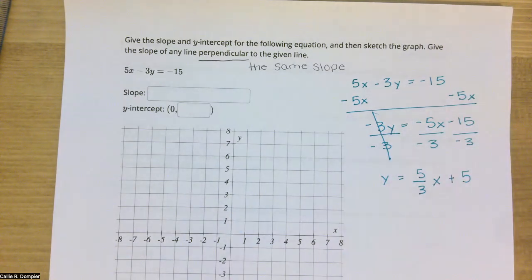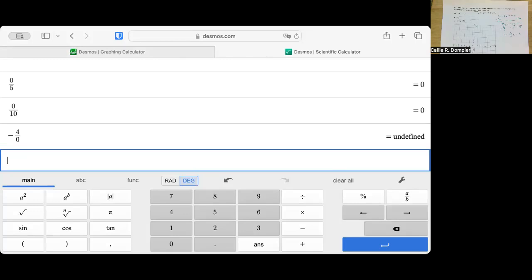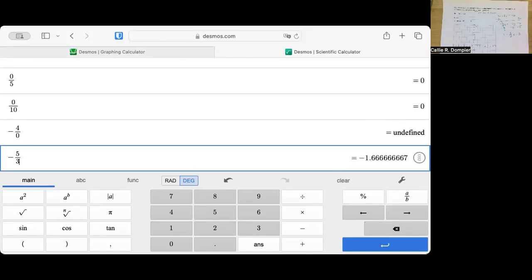And remember, you can put stuff like that into Desmos. If you want to go back to the scientific calculator, you can say negative 5 divided by negative 3 is a positive 5/3.